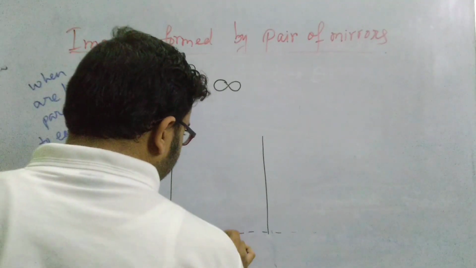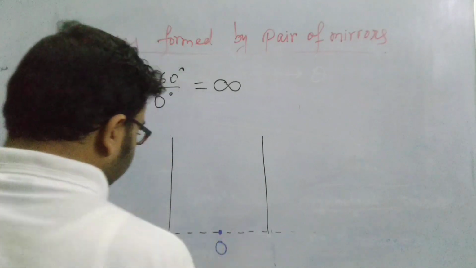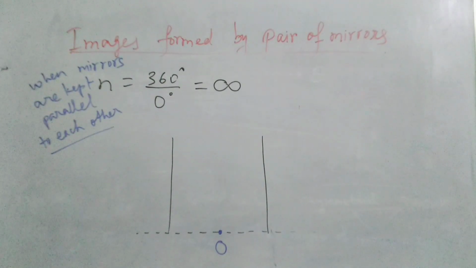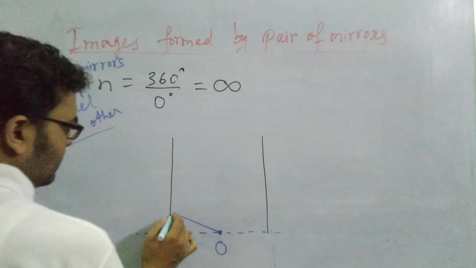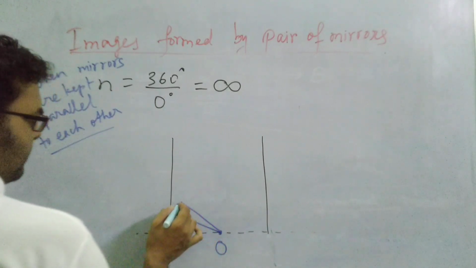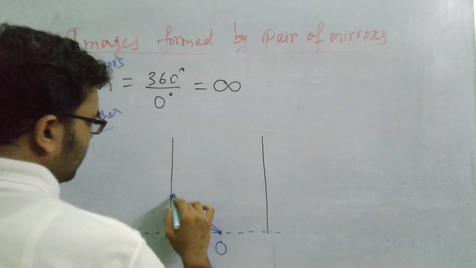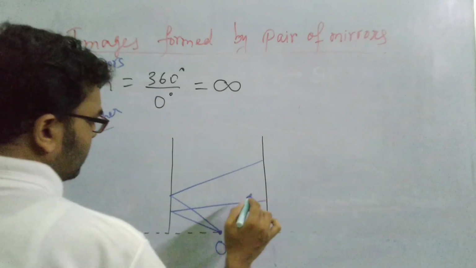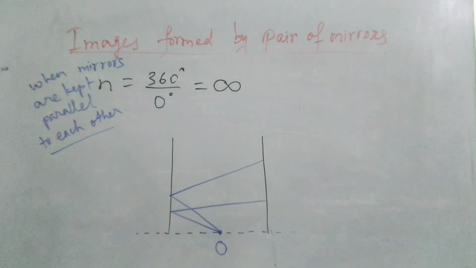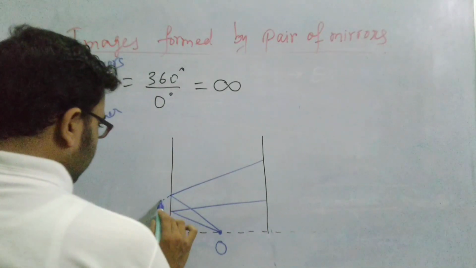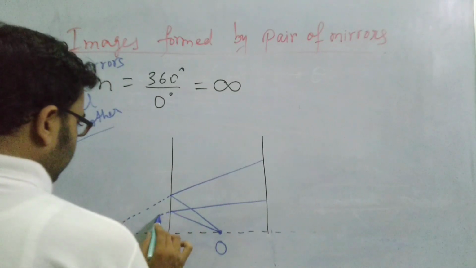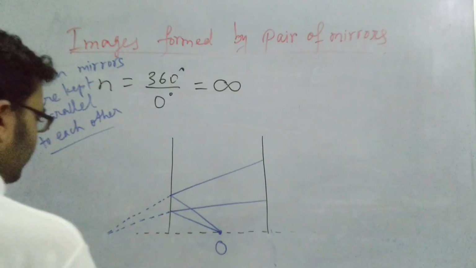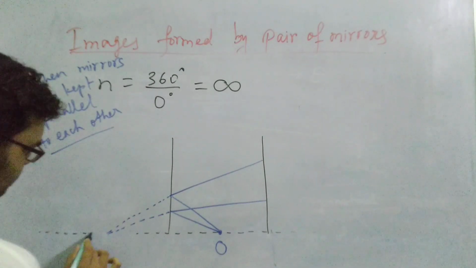Let us consider a point object O. Say the light first strikes the mirror on the left side. This light will be reflected and go on to hit the right mirror, and as a result you will get an image like this. So one image is formed like this.